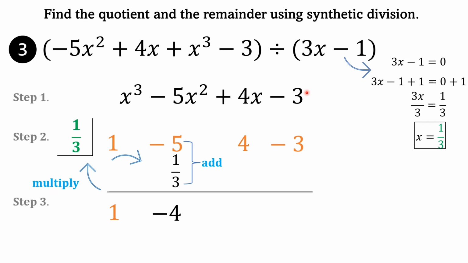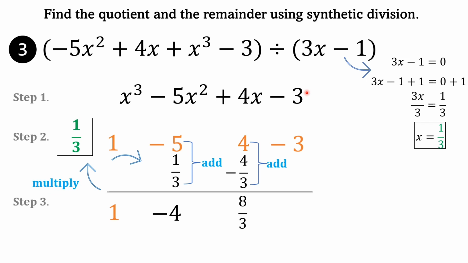that is negative 4. Multiply it with 1/3, write the product under 4, then add them, write the answer below, that is on the third row.